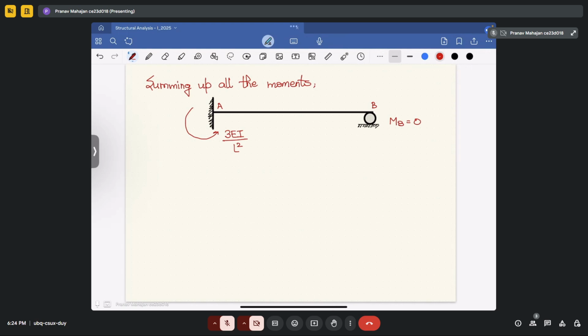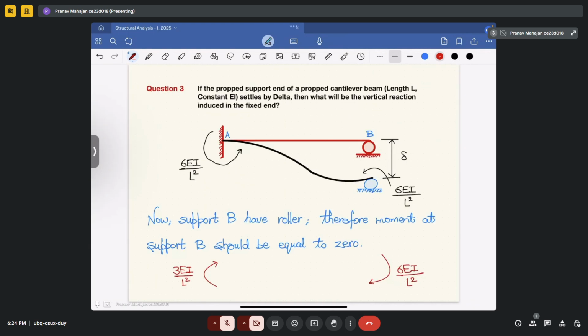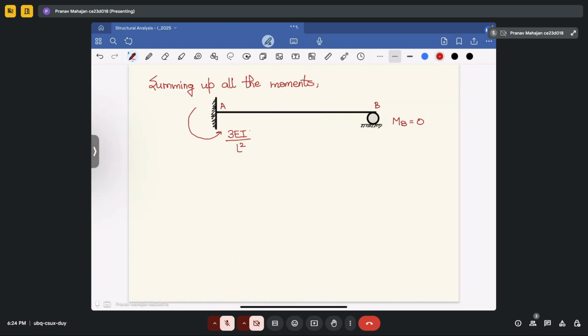So if there is a displacement of delta, the total moment will be 6 EI delta upon L square, and its carryover moment will come out as 3 EI delta upon L square. Finally, summing up, it comes out to be 3 EI delta upon L square.